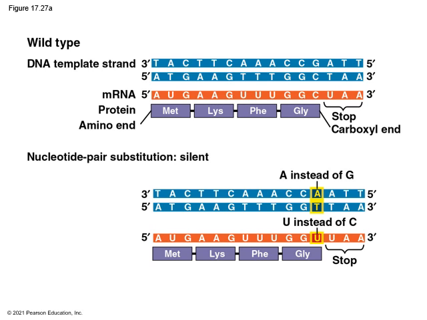But that third position, as we see right here, gets changed, which should be CCG, now is CCA. Thanks to wobble, GGC gives you glycine, GGU also gives you glycine. The mutation is silent.